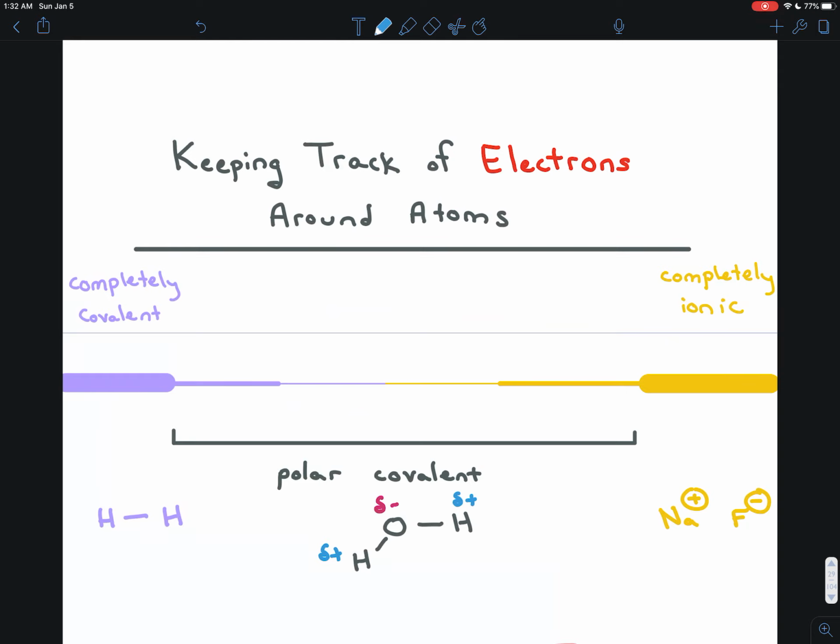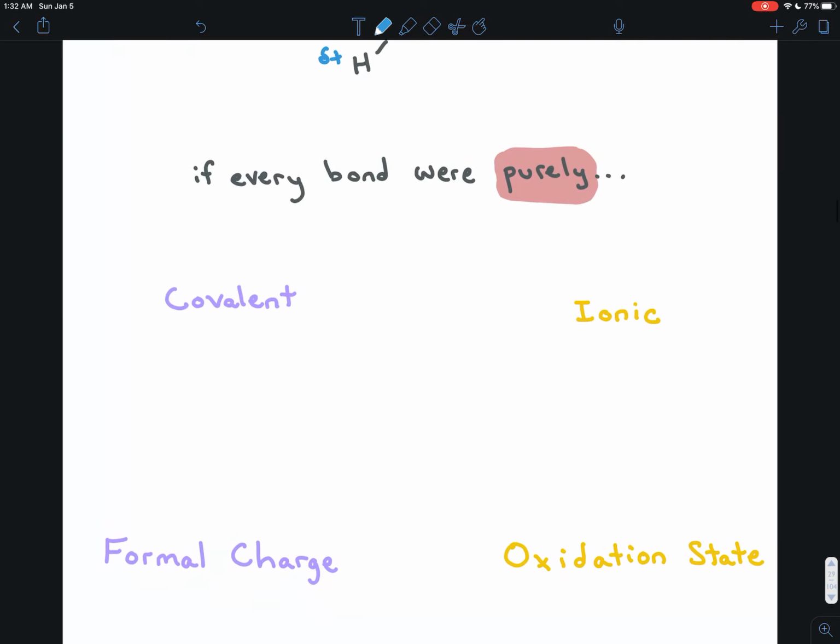So when we're doing bookkeeping and trying to keep track of the electrons around an individual atom, we can make a simplifying assumption. We can either assume that all the bonds around the atom are completely covalent, or we can assume that all the bonds around the atom are completely ionic. It's from those two assumptions that you get formal charge and oxidation state.